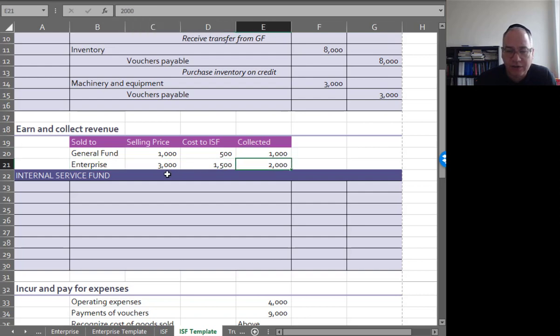It costs us $1,500 and we're going to collect $2,000. So let's first do the charges. I'll debit due from general fund for $1,000, due from enterprise fund, might as well spell it out, $3,000, and credit the account as charges for services.